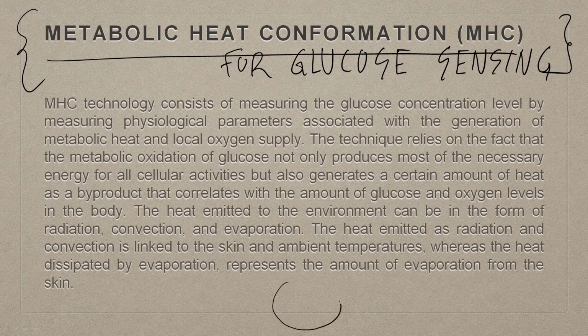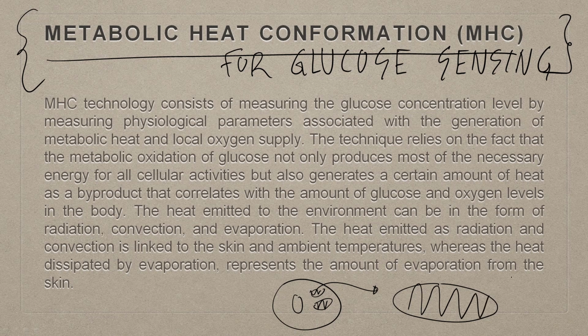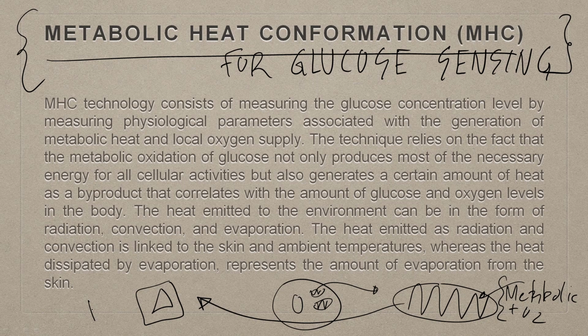Okay. So, for example, here is a cell, the nucleus, here you have the mitochondria which are sitting there. So, within the mitochondria you have metabolic activity in the presence of oxygen, and these generate enough amount of heat energy.